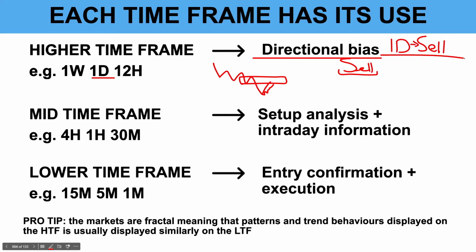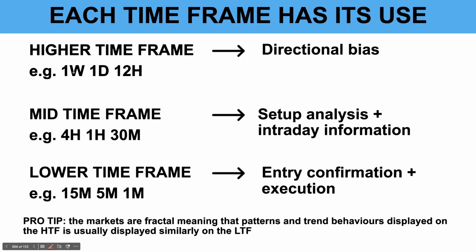And this is going to help us so much when it comes to our trading, because it means we won't get confused with what the lower time frames are telling us, because we might then move to the 15-minute and it might be a very bullish trend, right? But we know that because the daily was telling us sells, we have to take this information into account, and we might not go for buys, and we might actually look for sell trades. So that is the use of the higher time frame.